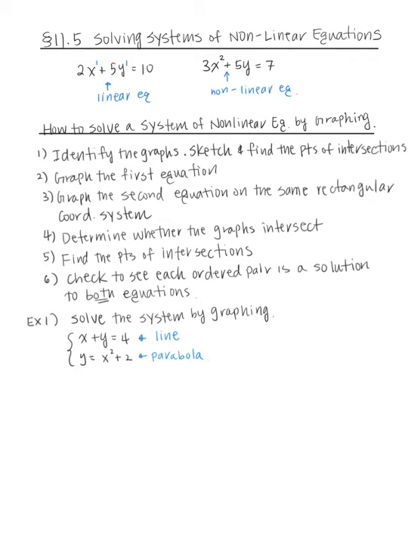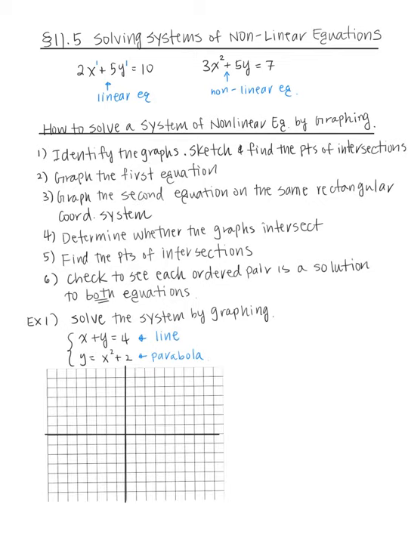Next we're going to graph the first and the second equation on the same graphing paper. Let's first graph the line, which is x plus y equals 4. If I rewrite that, solving for y, we have y equals negative x plus 4. That means we have a slope of negative 1, and the y-intercept is 4.